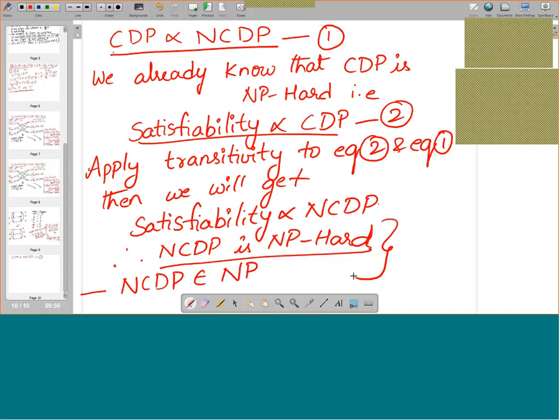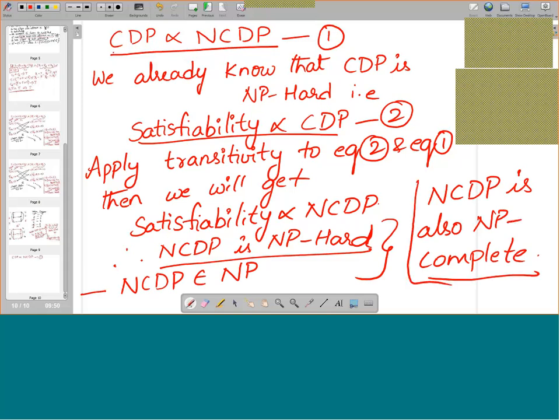If the problem belongs to NP and it is NP hard, then we can say that node cover decision problem is also NP complete.